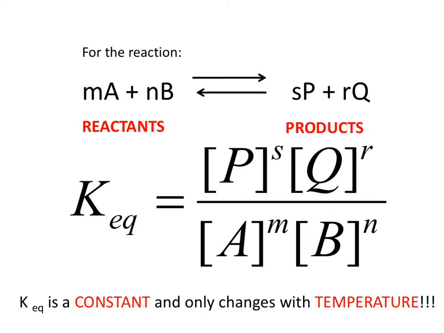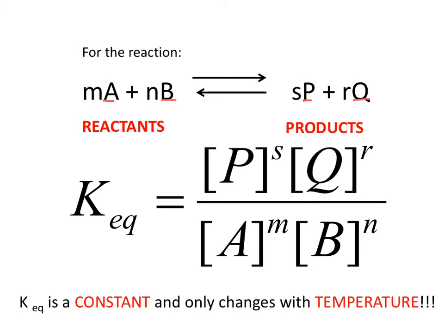So in terms of looking at how we write the equilibrium expression, if we have a general equation here, A and B are the reactants, M and N are the coefficients for them, and we have P and Q are the products, and S and R are the coefficients for them respectively as well.